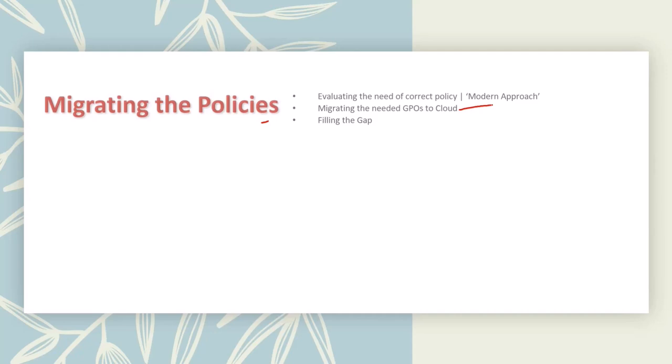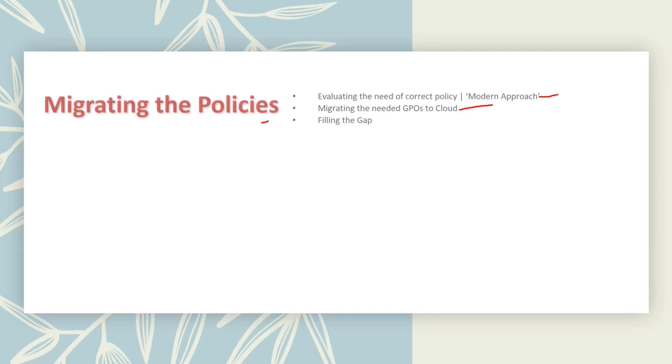But before we do that, there is something that is even more important to think about. And that is, I will not recommend migrating all the group policies that you have to Intune, because the group policies that you have, they were maybe created 10 years back, 15 years back, right? When you had your on-premise setup done.